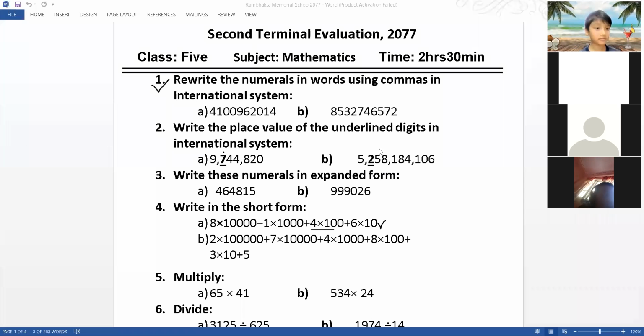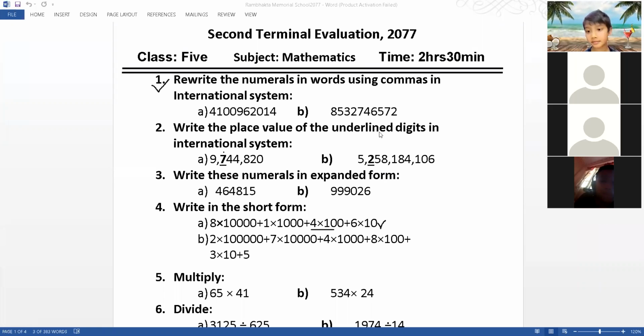Sir, where do you teach besides RNS? I haven't taken the classes yet, but I've started in a college in Itahari. So yeah, I'm doing that right now. Sir, take attendance. Let's see what will happen. Okay, sir.